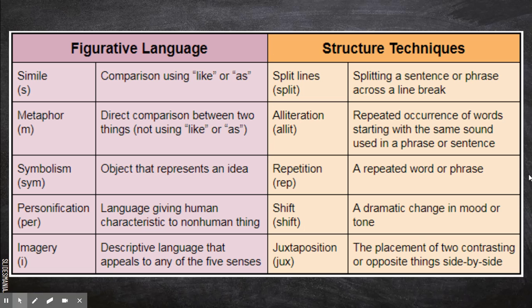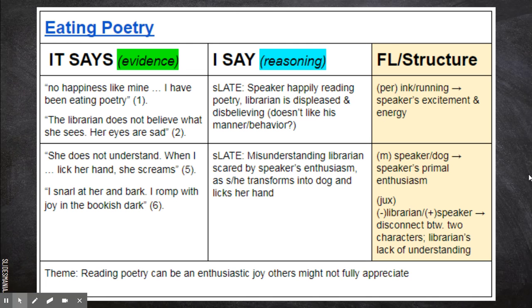And again, use those abbreviations, not just PER for personification, but all of them. So you see right here, we'll get more familiar with it. This is a look at my total notes here for the entire poem. I used an M for metaphor, speaker compared to a dog. I used JUX for juxtaposition.